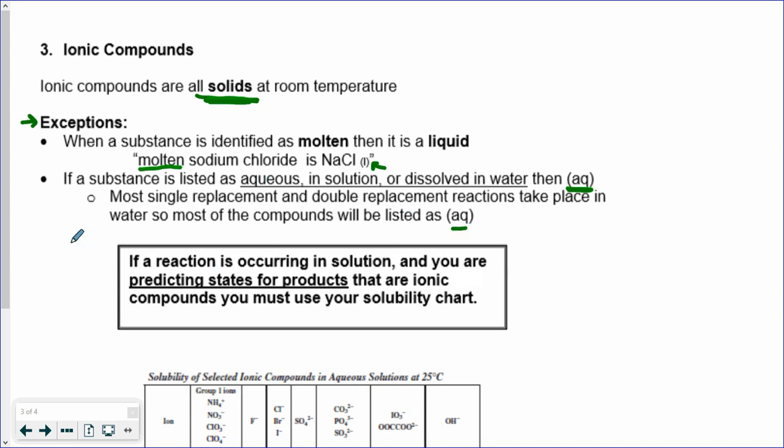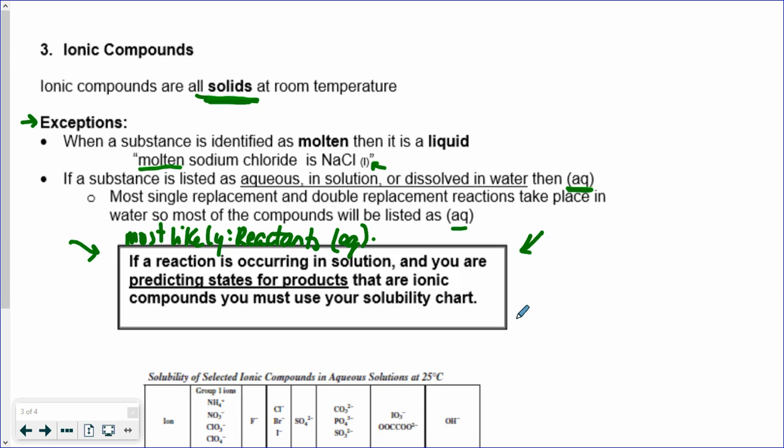But what you need to do, back to CB2, is this: if the reaction is occurring in solution and you are predicting states for products, most likely your reactants are aqueous, but now we need to see if the products are aqueous as well, or if we would get the formation of a precipitate.